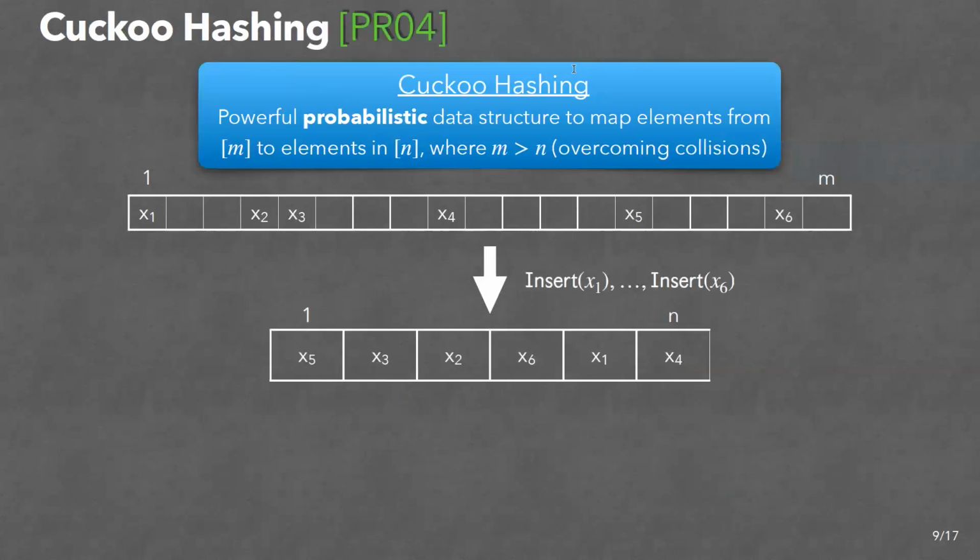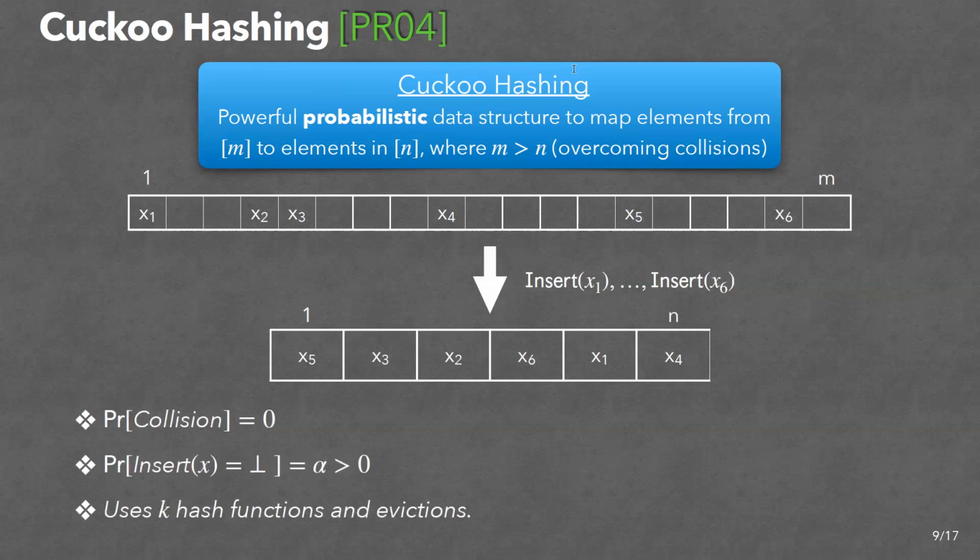And here comes this data structure from computer science called cuckoo hashing, which is a very powerful probabilistic technique that does exactly this. It takes elements from a large space and maps them to a small table, a polynomially bounded table. Basically, in cuckoo hashing, there are no collisions.